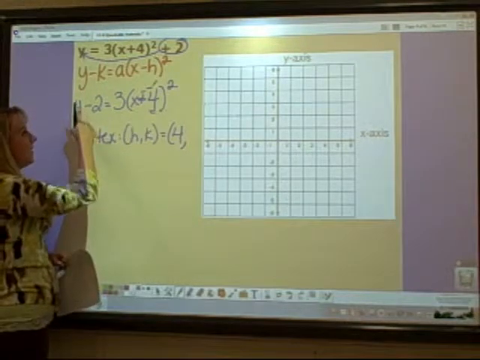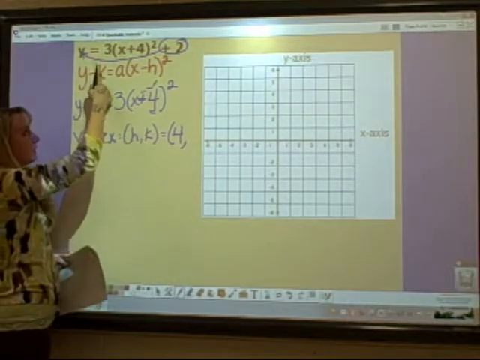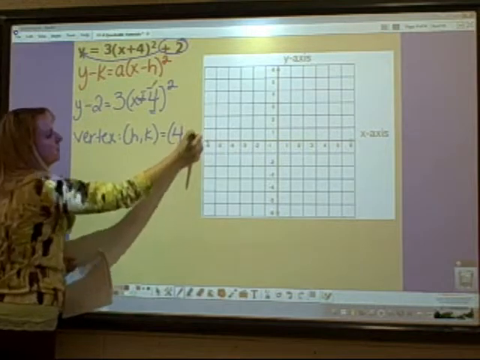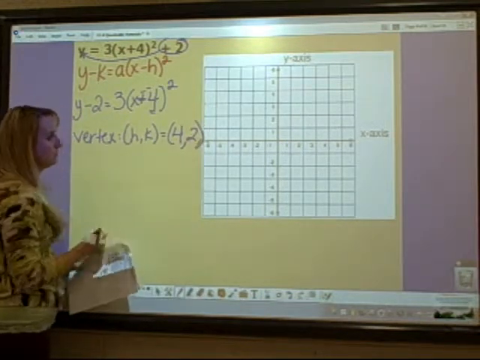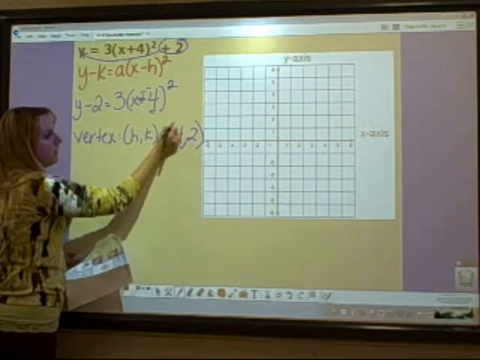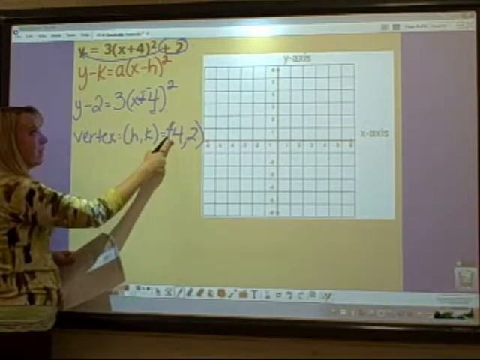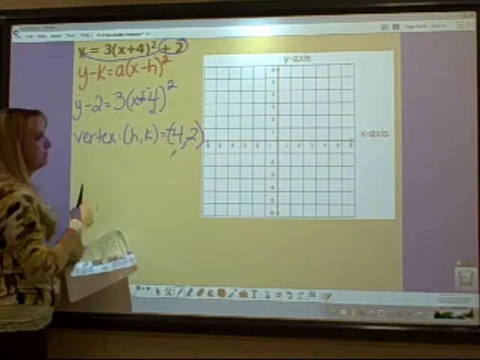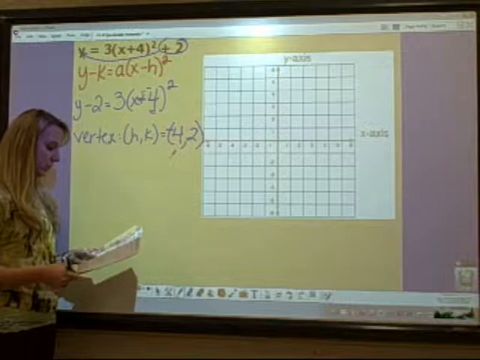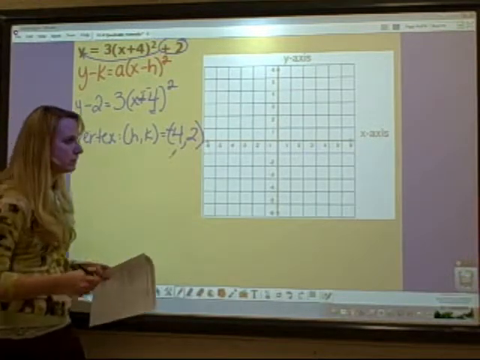And in the k spot is a 2, and the minus sign is there, so it's a positive 2. So we end up with negative 4, 2 for our vertex, so we can graph that.